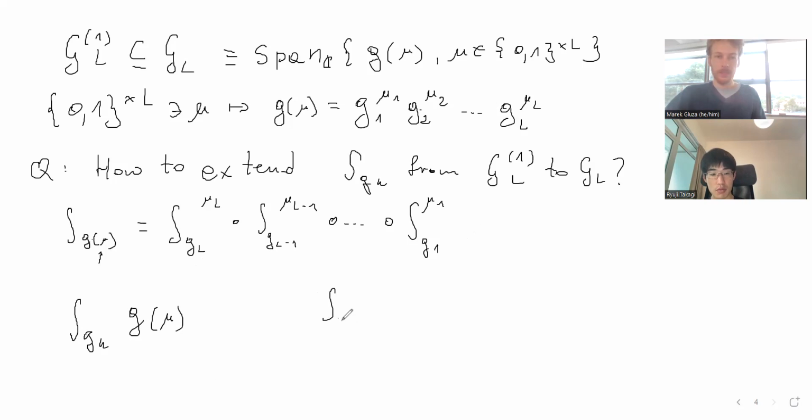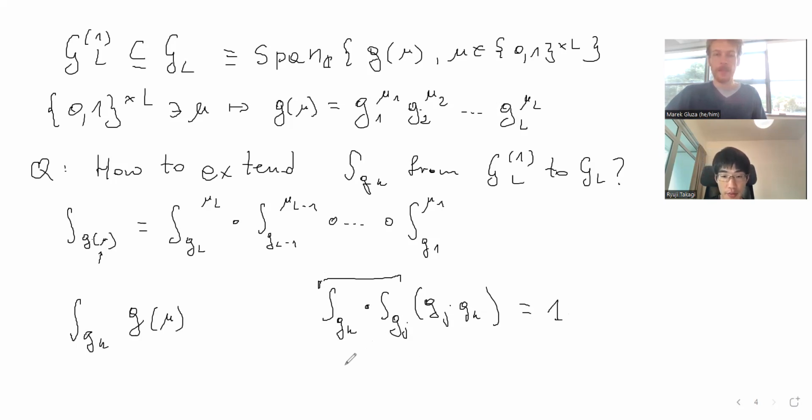So for example, if we anticipate this composition, G J, and then I compose this map. This is a new map, just a composition of two of them, G J, G K. I would like this to be 1, right?